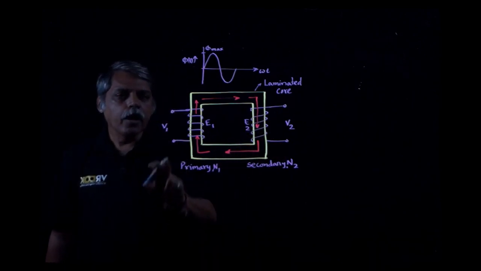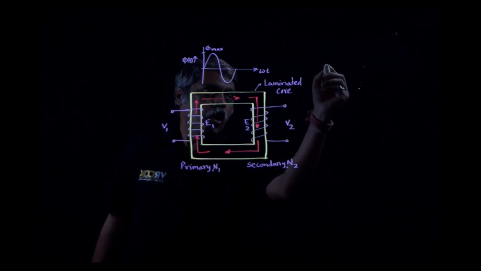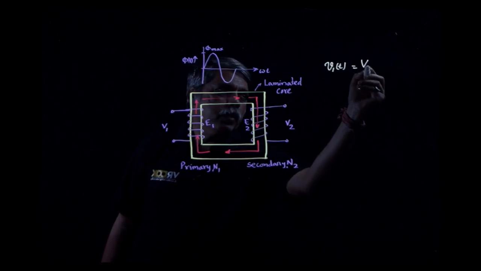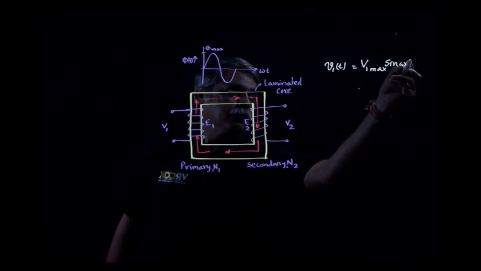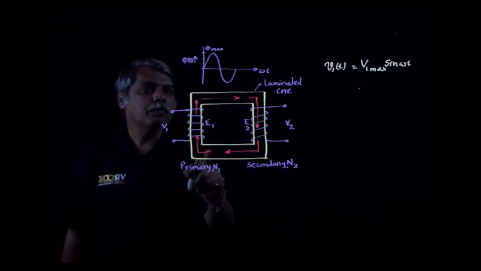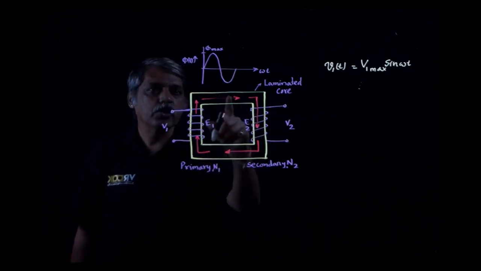When I give a supply voltage V1 of t equals V1 maximum sin omega t to the primary winding, this winding develops a magnetic flux in the core which will also be sinusoidal.